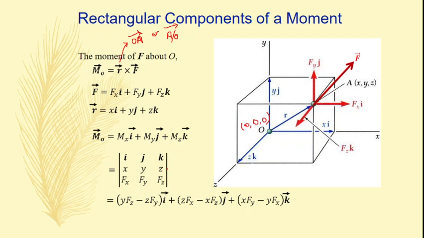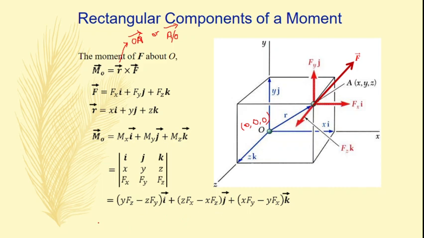If we expand this determinant, we can write it as (y Fz minus z Fy) i plus (z Fx minus x Fz) j plus (x Fy minus y Fx) k. In this way we can find out the moment about this point O.